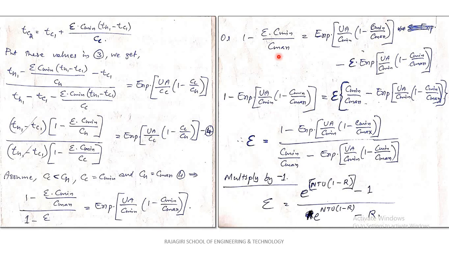On the left hand side, this term take it out to the right hand side and take the effectiveness term outside of the equation, and rearrange the equation and find the equation for effectiveness.